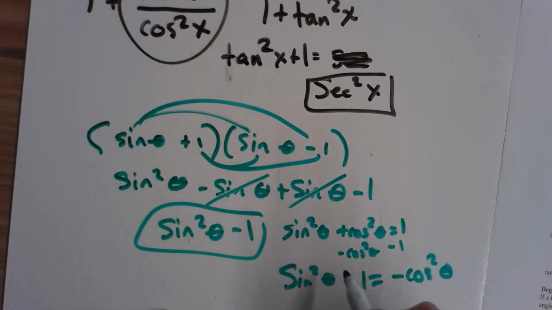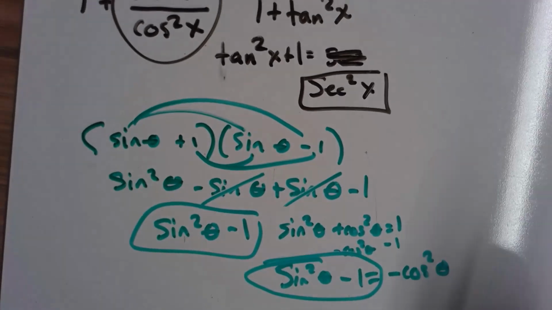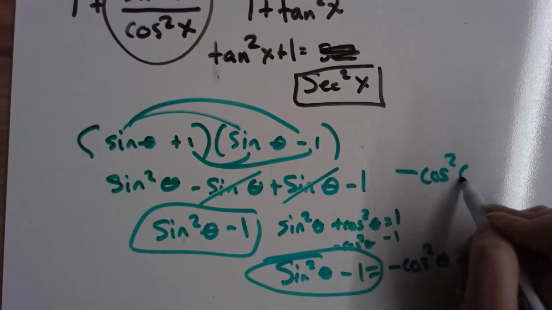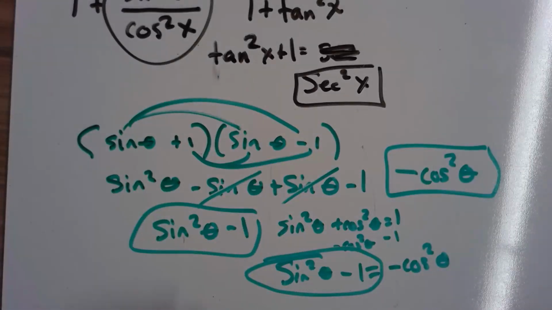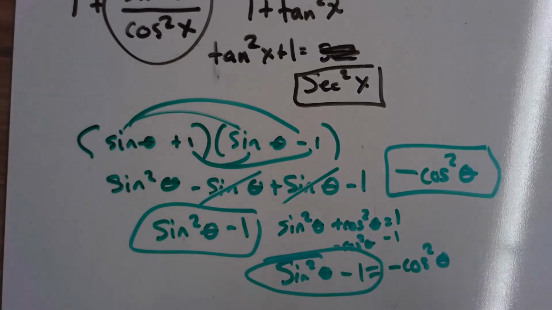Well, now these match. So I know it's going to be negative cosine squared theta as my answer. Okay? So this one simplifies down. It's negative, but it's still simplified down.